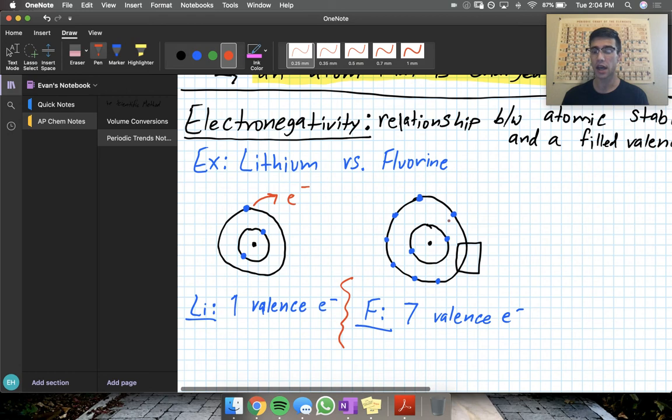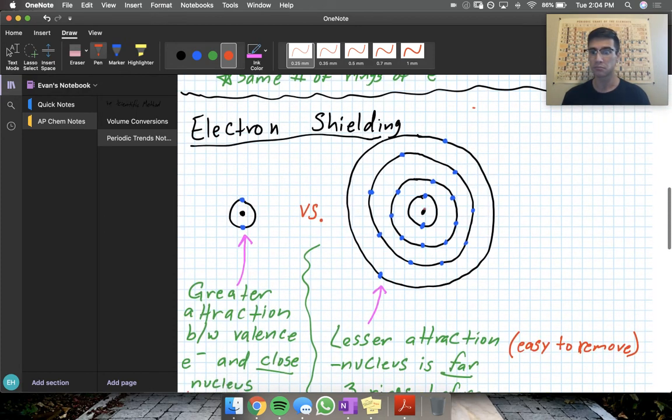The nucleus is pulling much stronger on this valence shell of electrons than it would be with something like this, okay? So because that effective nuclear charge, the positive charge in the nucleus, is spread out throughout all of these shells of electrons, this atom isn't going to be as concerned to fill that shell because the charge of the nucleus is spread throughout the atom.